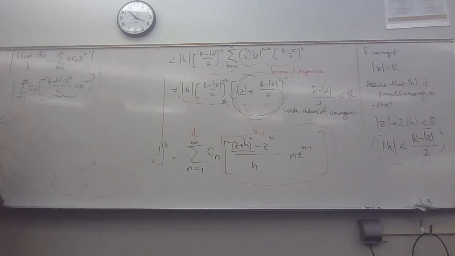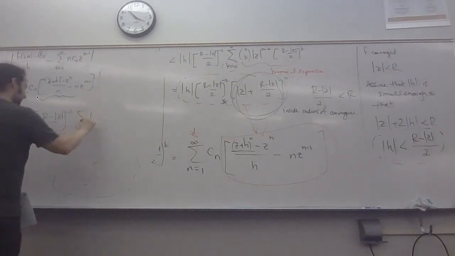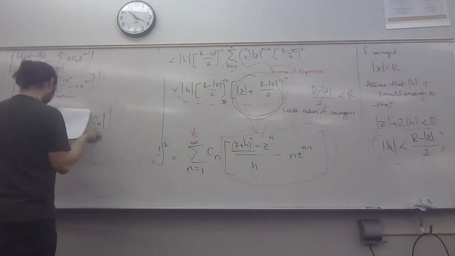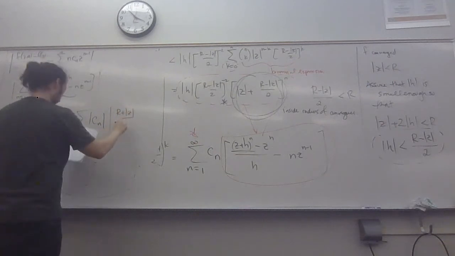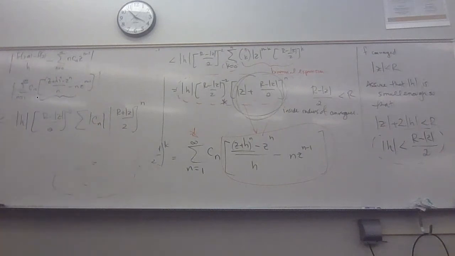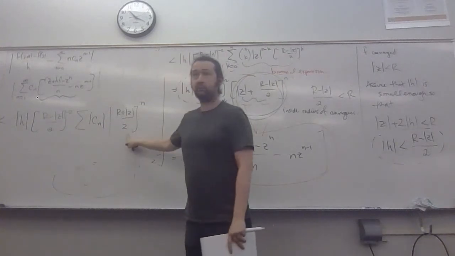The modulus of h, times (modulus of z minus r over 2) over (r minus modulus of z), minus 2, and then a sum of the absolute value of the c_n's times (r plus modulus of z over 2) to the n. If you do this computation, you get that. Form a common denominator and add them together, you get this.